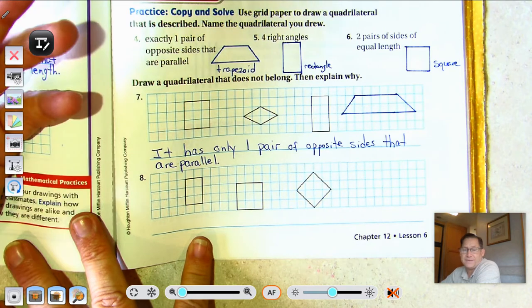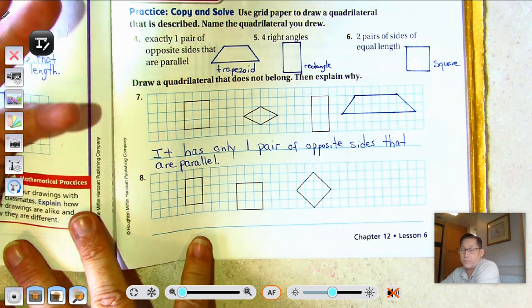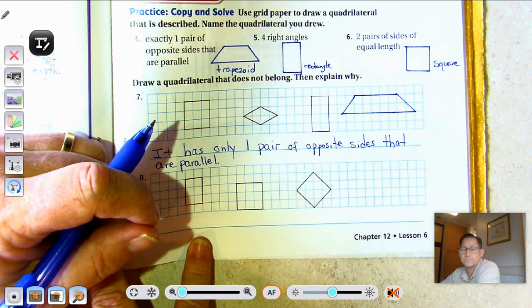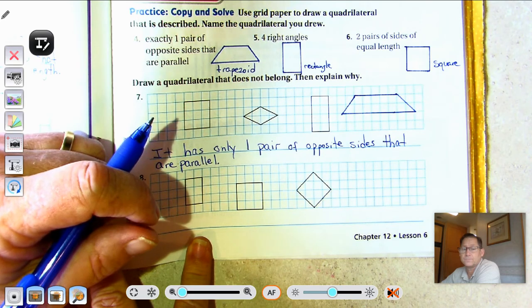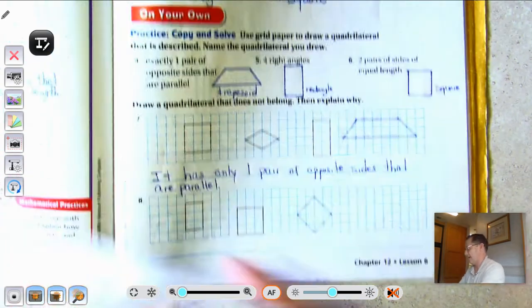So we could draw any four-sided shape that doesn't have four right angles. Okay, so I think I'm going to do that.